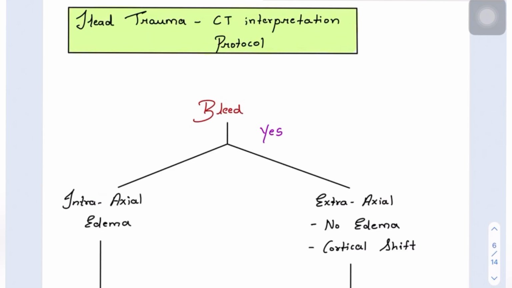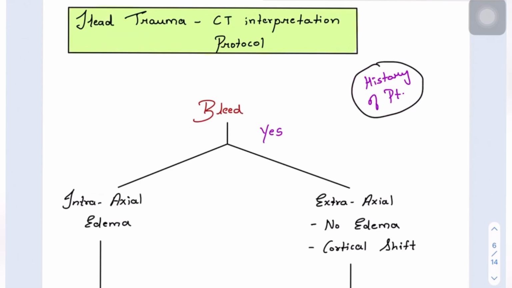So let's talk about CT interpretation protocol. In any protocol, you should always look for the history of the patient. This is very important.